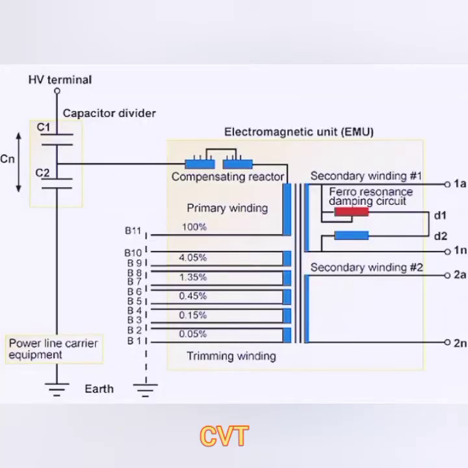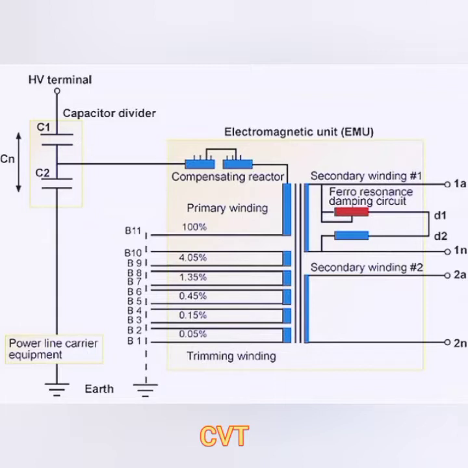Coming up to the construction of your CVT, here C1 and C2 are the capacitor divider, which is stacked as the primary connection. Then the power line equipment will be connected through wave traps and capacitors.